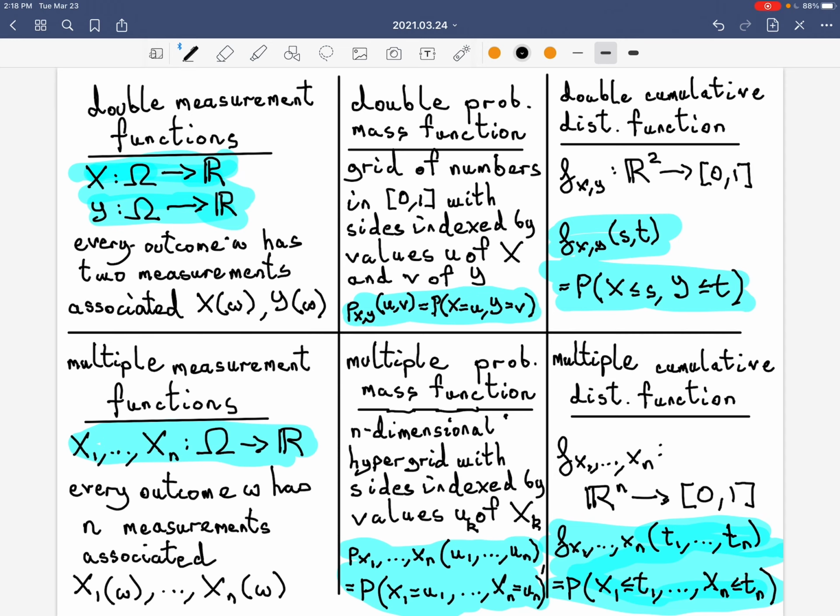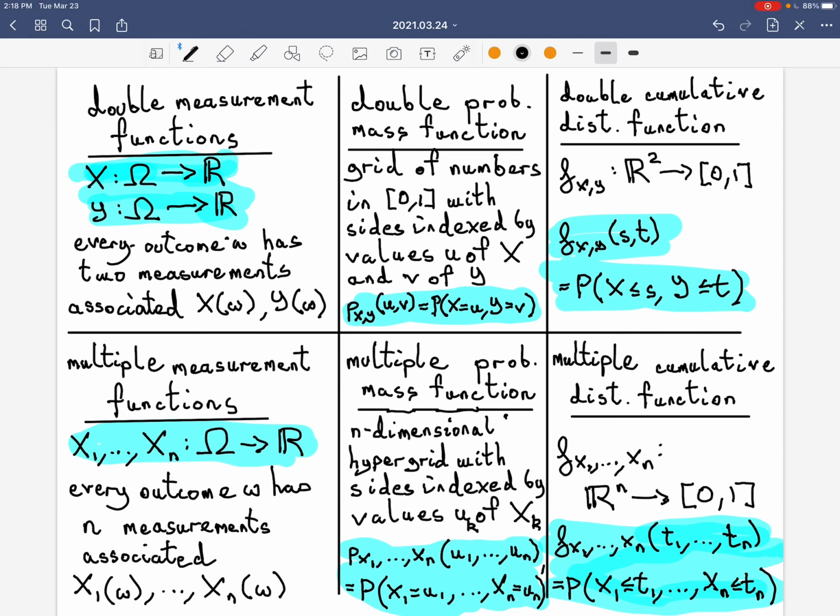So this is, again, the most concrete way to understand joint random variables, and it's the theoretical basis for everything we do with joint random variables, because it connects them to sample spaces and thereby to the axioms of probability.